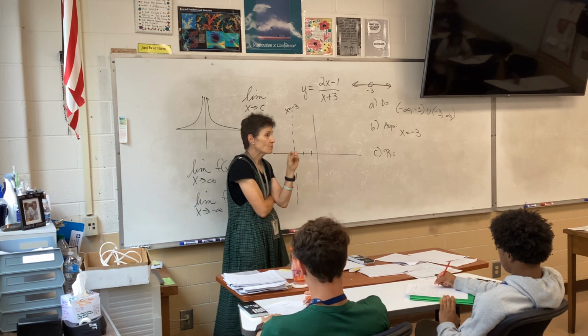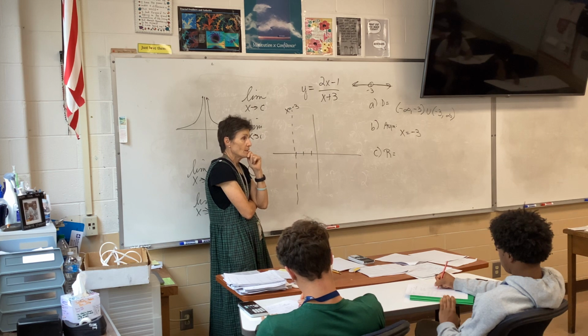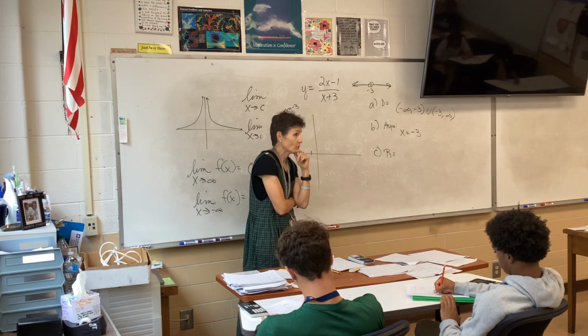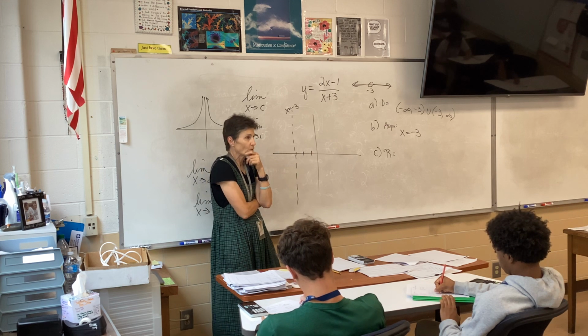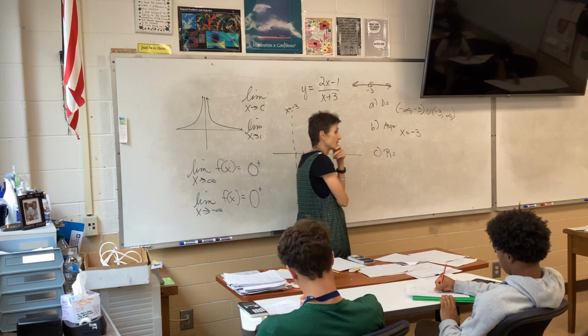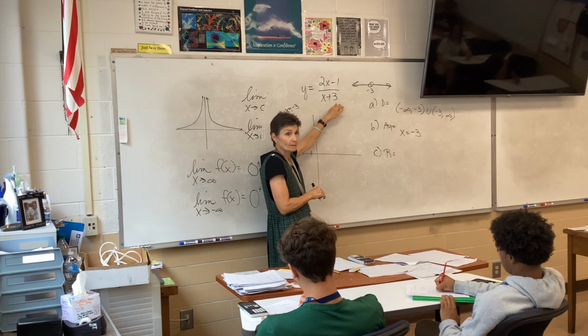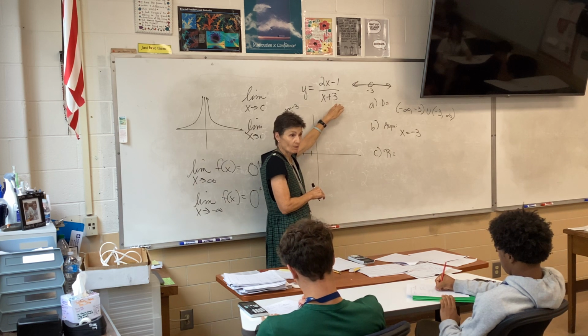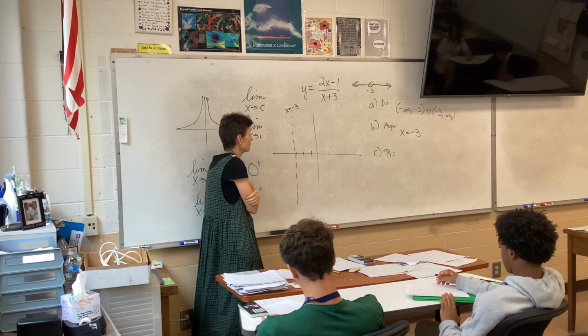So the minute you say x can't be this, that's a vertical asymptote. You can have more than one vertical asymptote, depending on how much stuff you have in your denominator. Vertical asymptotes come from the denominator, because isn't that where the cannot be's come from? Yes. Very good, Maureen, thank you. That helps a lot to get us started.